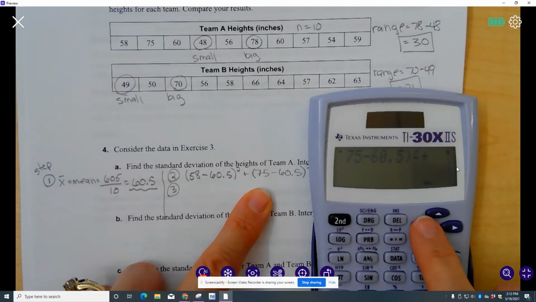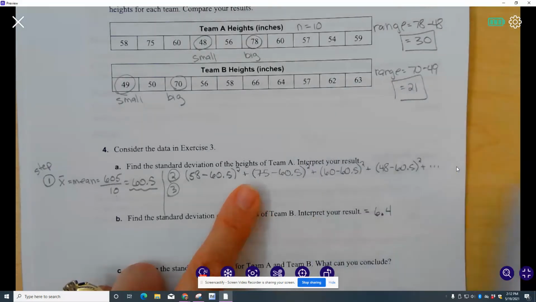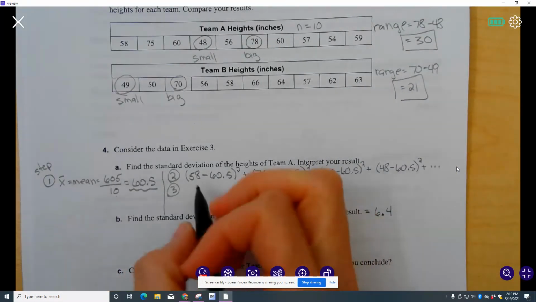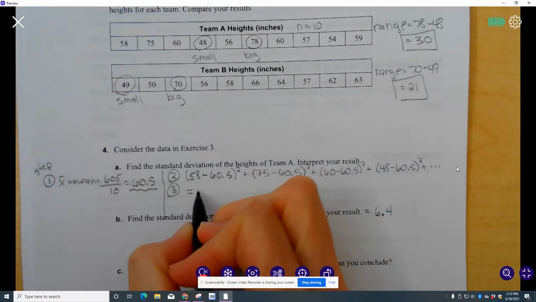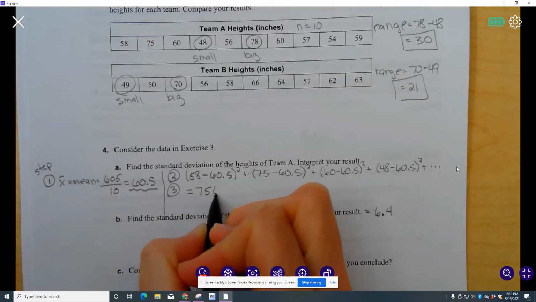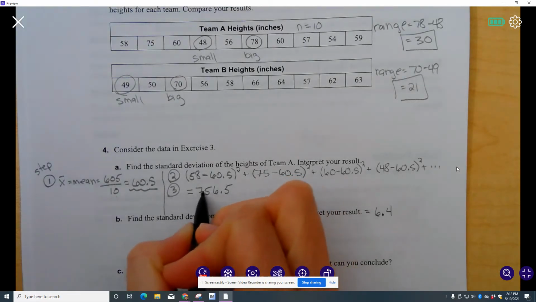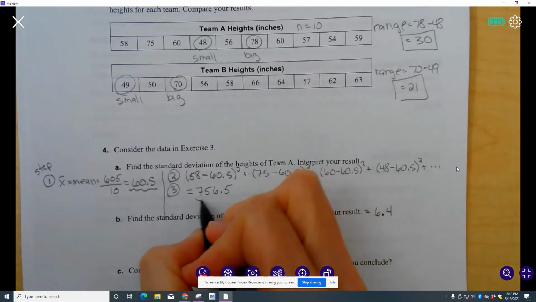And remember, if you make a mistake, use your arrow keys, go back and fix it. You should get, for the total of this, 756.5.